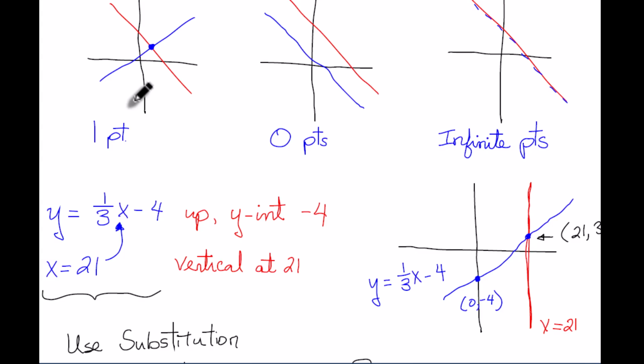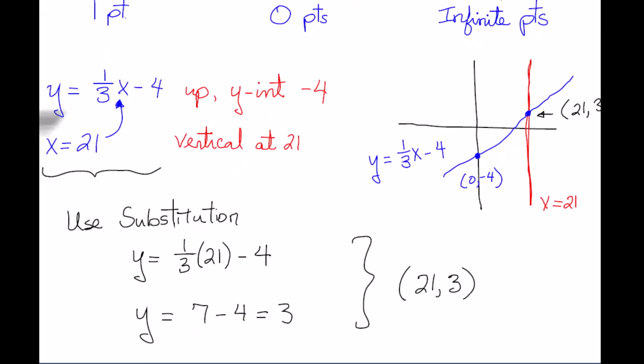So, how do we solve that? Well, I can draw a graph, which I did here. So here's my line going up with a slope of 1/3 crossing at minus 4. And I've got this vertical line here, x equals 21. And I believe they are intersecting maybe at 21 and 3.